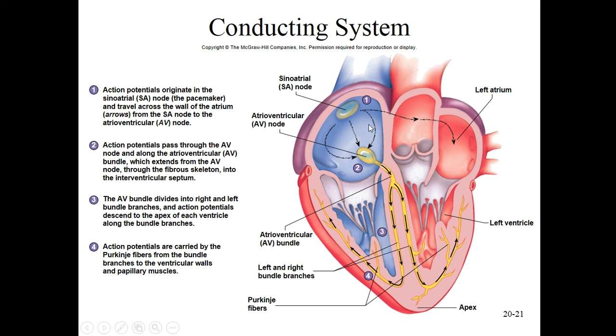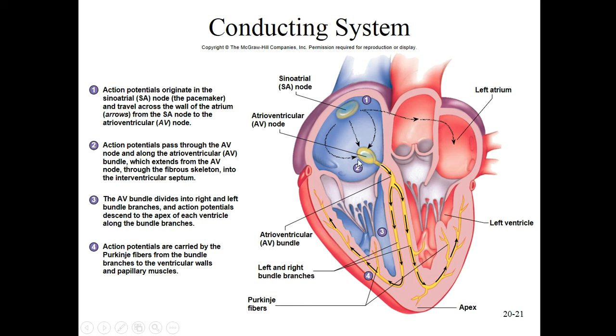Remember, heart muscle cells are attached both mechanically and electrically, and so that's what we see here. These little dotted lines represent the electrical activity spreading from one cell to the next, so that both atria are electrically excited at about the same time.